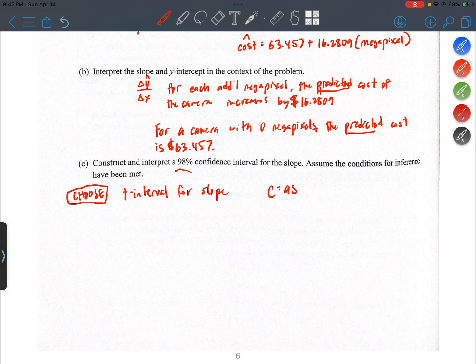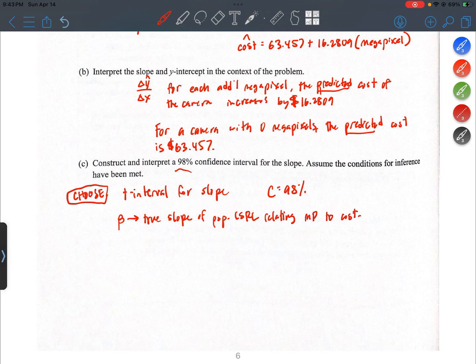Confidence level 98%. The parameter beta is the true slope of the population least squares regression line relating megapixels to cost.